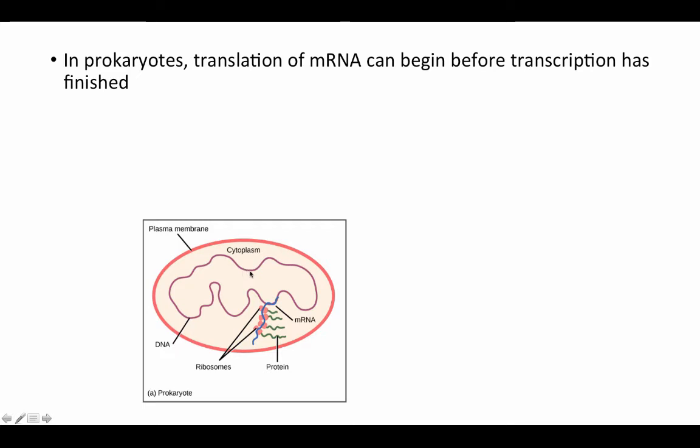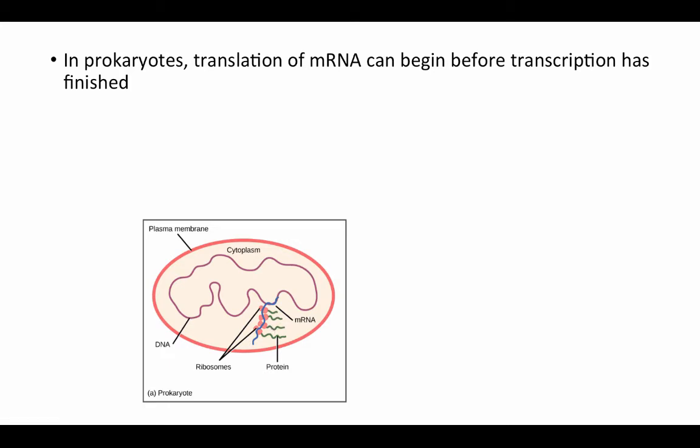Remember, we've got the DNA, the chromosome, in this nucleoid region that's not separate from the cytosol, and we've got the mRNA being transcribed, and then immediately as it comes away from the DNA, it becomes attached to these ribosomes, which start translating the proteins.